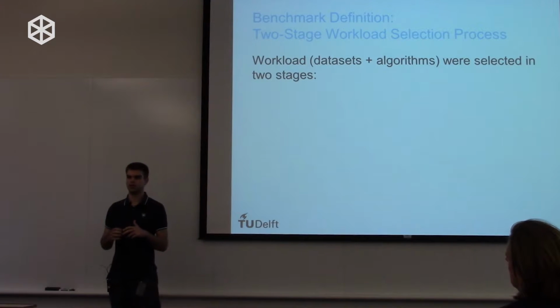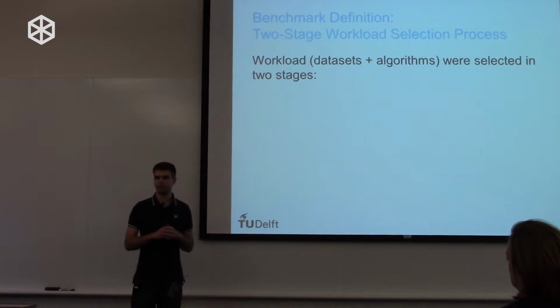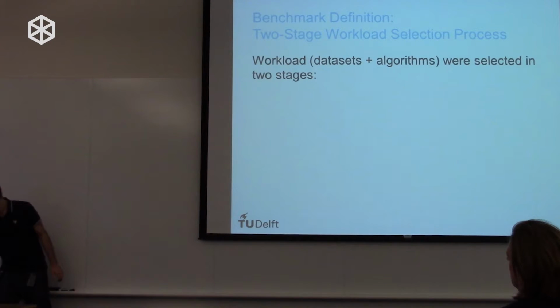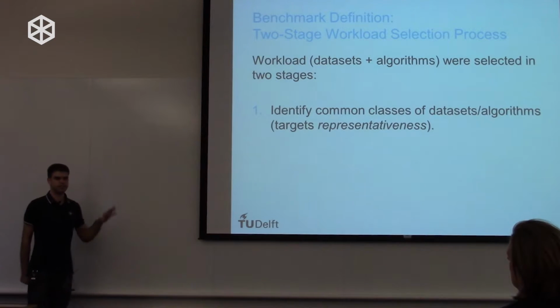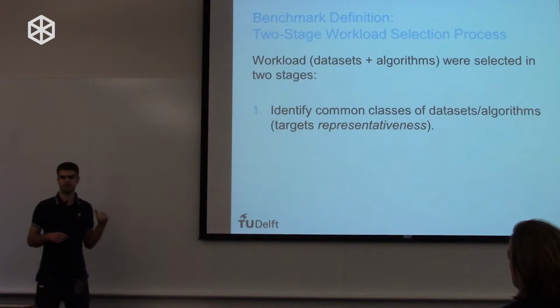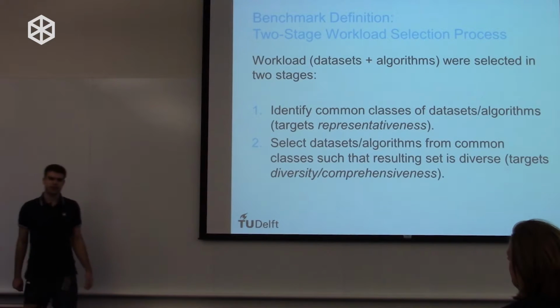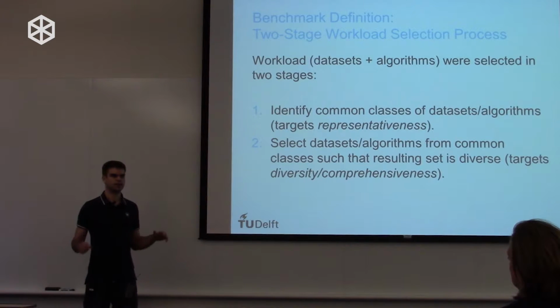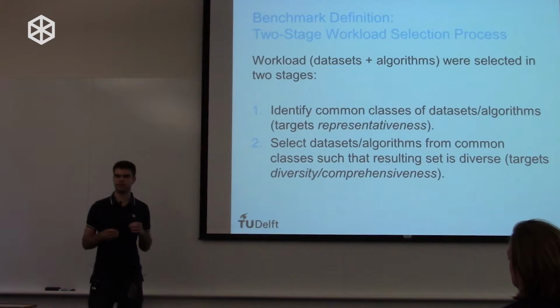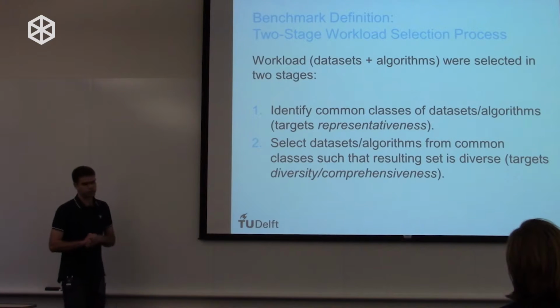But on the other hand, we also want to touch many different kinds of data sets or kinds of algorithms to make sure that we cover the different possible choke points of a system. So this is reflected in this two-stage selection process by first identifying the common classes of these data sets and algorithms, and then selecting from these classes sort of a couple of representatives that in the end make up a set that is diverse enough to touch all these different choke points.